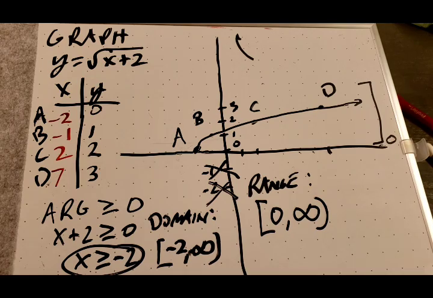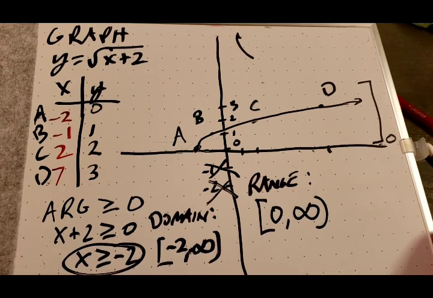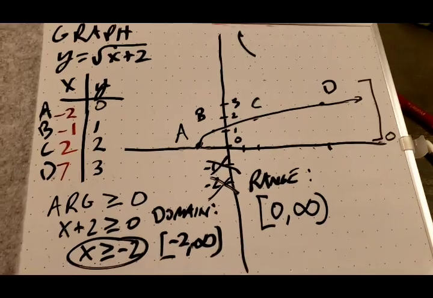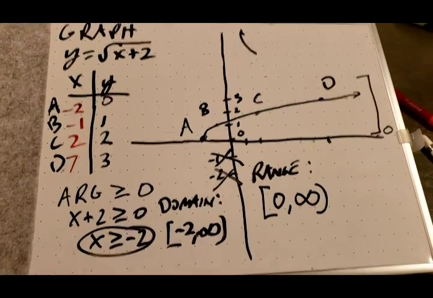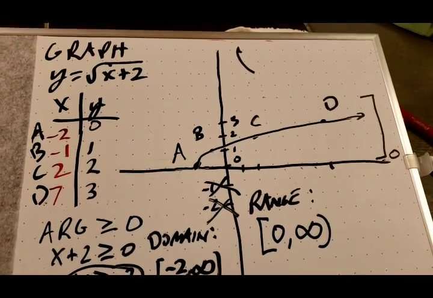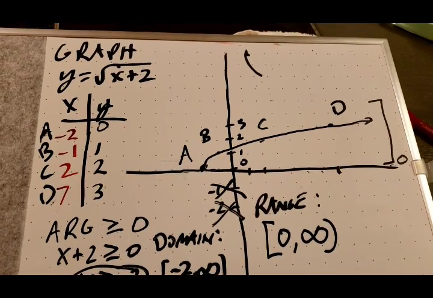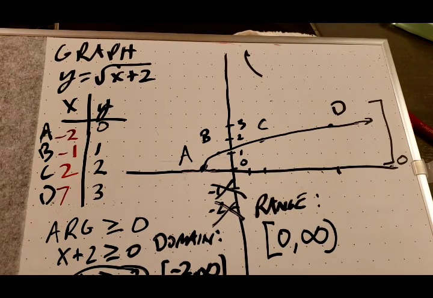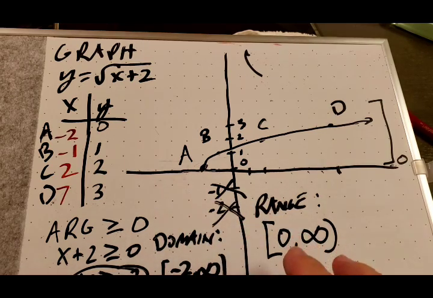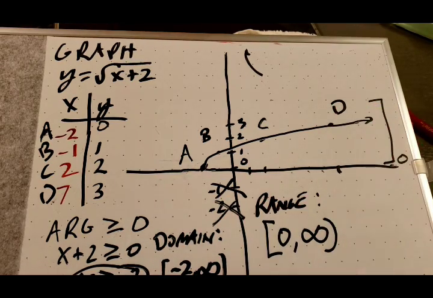So that's the only reason why I think it's a bit of a challenge. It's just not as familiar to us as so many other things about square roots. All right, so this video was domain, range, and the graph of a radical function.